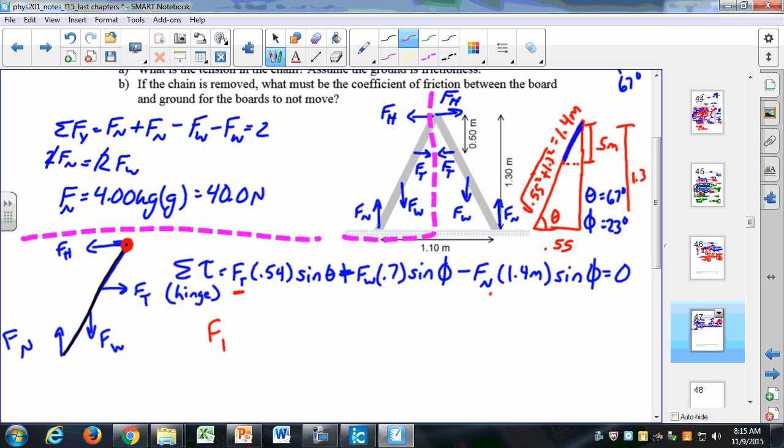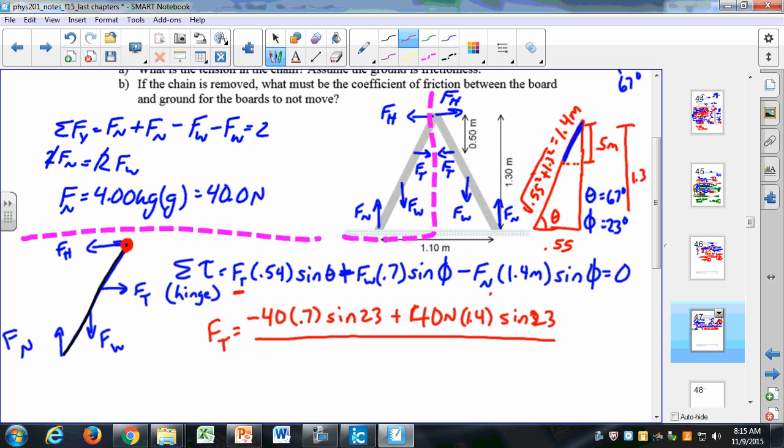So our Ft will equal, let's see, negative of a force weight, that's 40 newtons, times 0.7 times sine of 23, plus our normal force, which is also 40 newtons, times 1.4 times sine of 23, and then divided by 0.54 sine theta, 0.54 sine of 67.